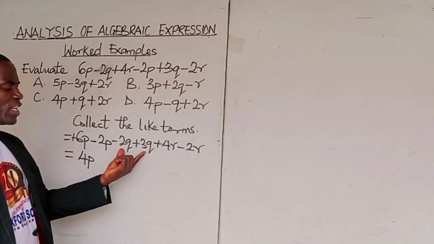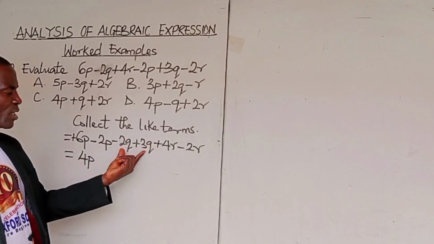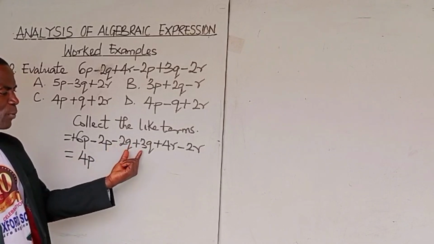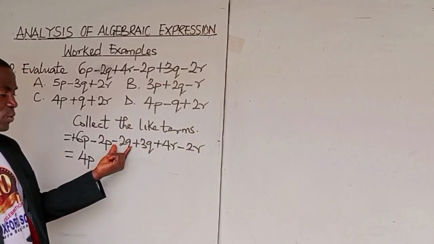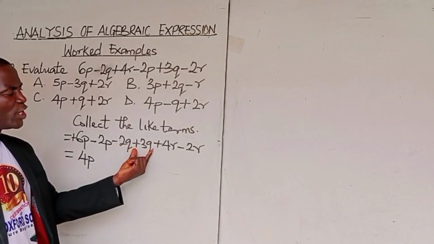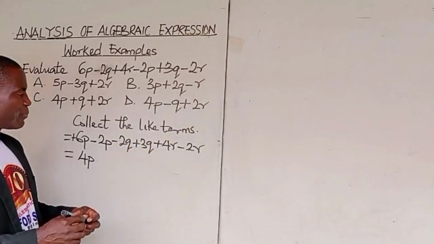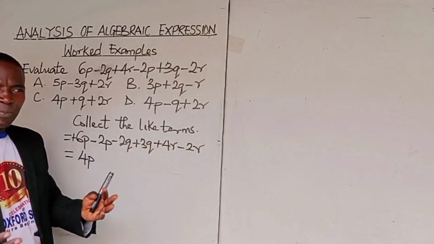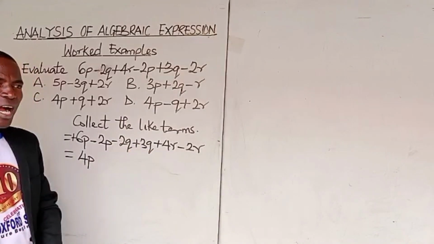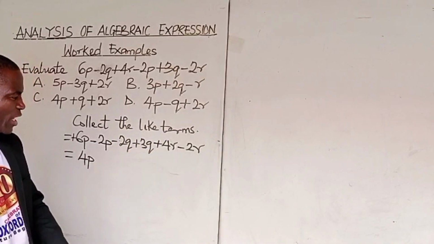Now let's come to this other variable q. Here is minus 2q and plus 3q. This one implies that I am owing 2q and I have 3q inside my pocket. So here, confidently again, when the person that I'm owing comes, I will dip my hand inside my pocket, bring out 3.